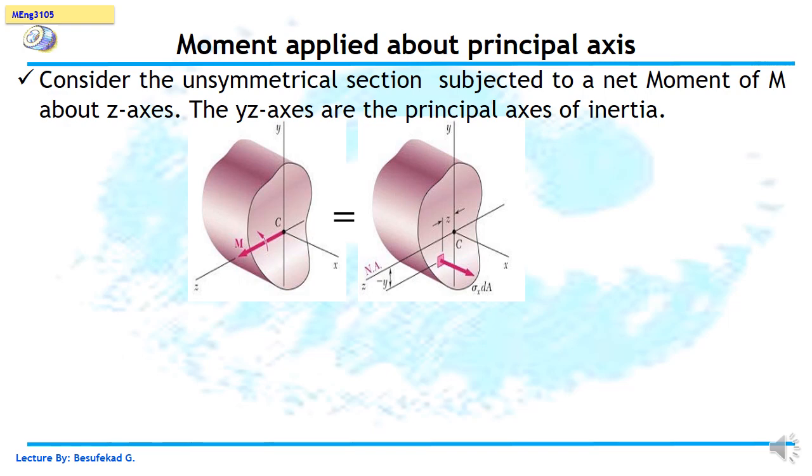Now don't forget, because M is acting along the principal centroidal axis, I can apply the flexure equation. The flexure equation, don't forget, is the general equation for a single material, which is used for what?